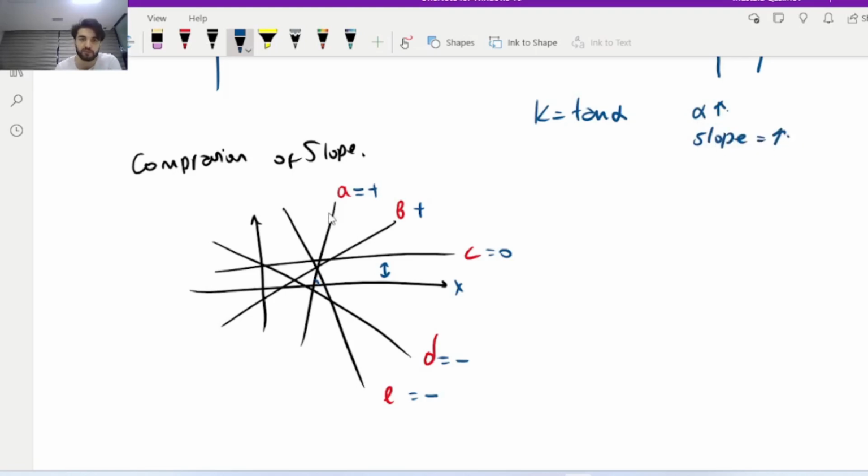So that's why when it is closer to the y-axis compared to B, it means that A is bigger than B. For example, if this one is 5, B is, let's say, 1, C is 0. For these, it is the opposite of A and B. For example, A is equal to -5, D is -1, but -1 is bigger than -5. That's why we can write it like this.